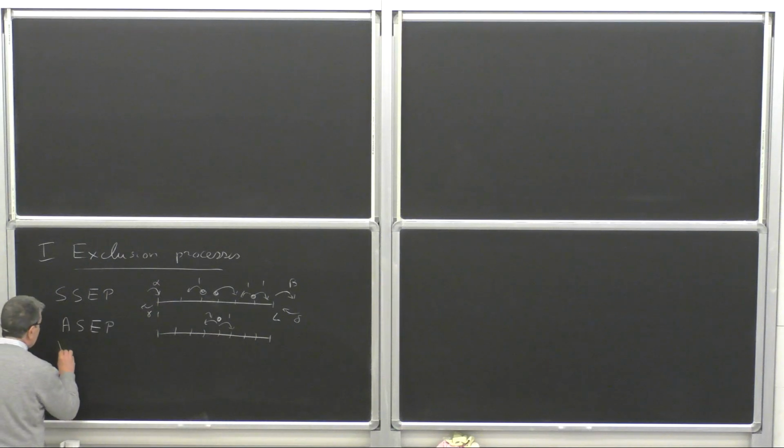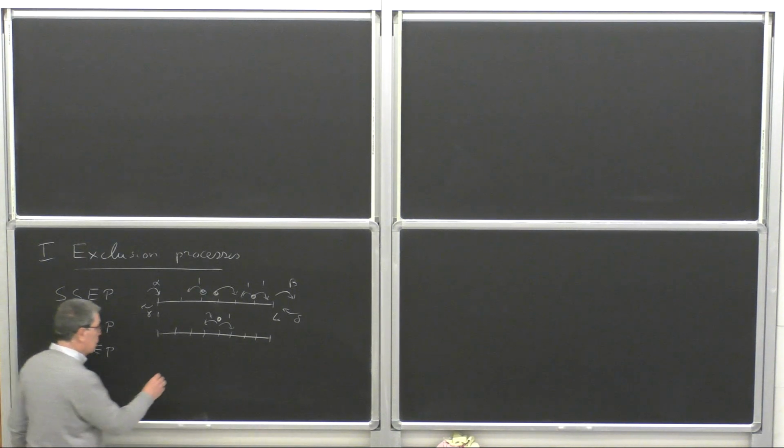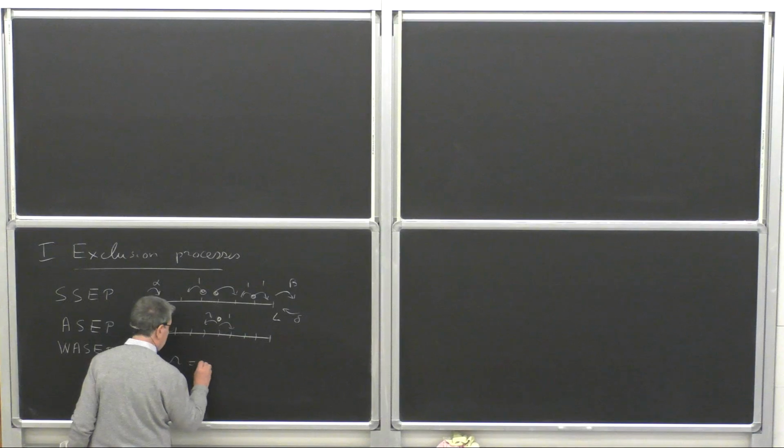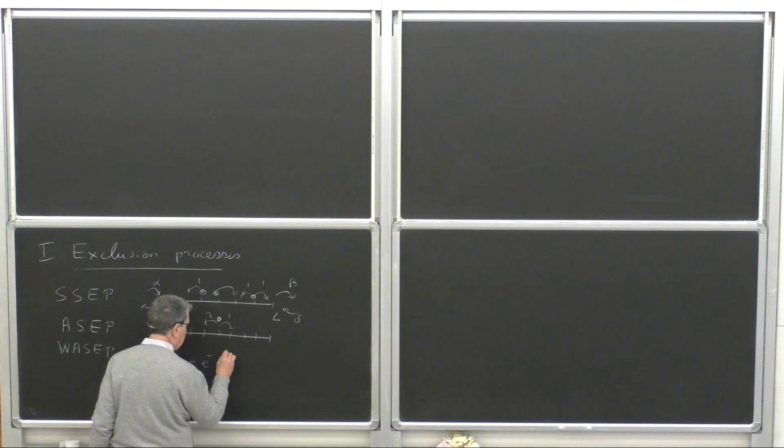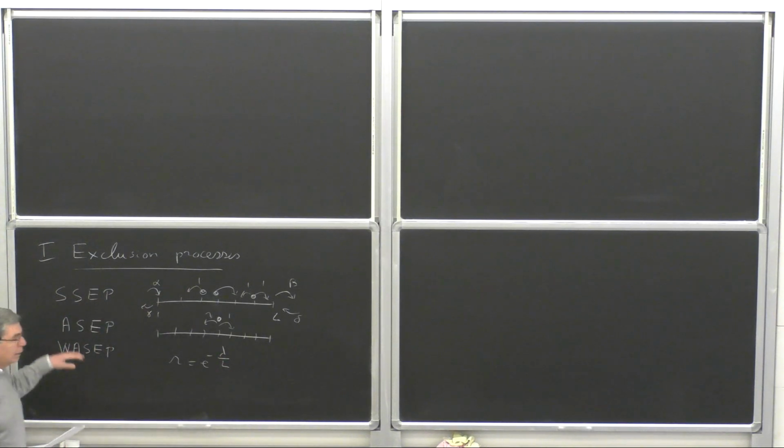For the theory, there is one important version, the weakly asymmetric one, where r is exponential of minus lambda over L. This means that the asymmetry is weak.